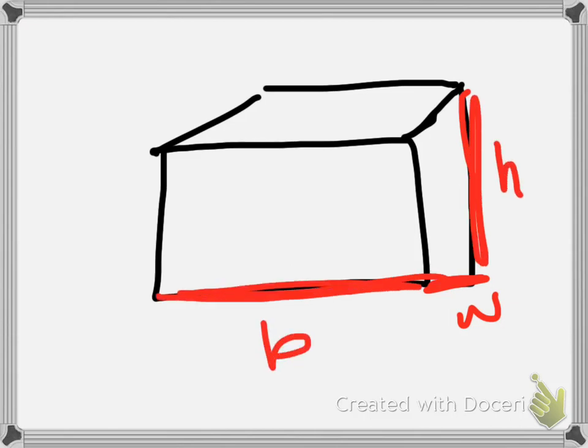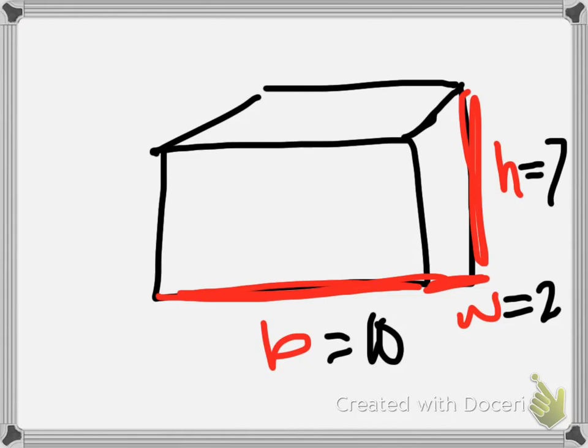It really doesn't matter which you name your base, width, and height, just as long as you're multiplying 3 different measurements for the rectangle. So, say that they give you the base is equal to 10, the width is equal to 2, and the height is equal to 7. How would you find the volume?